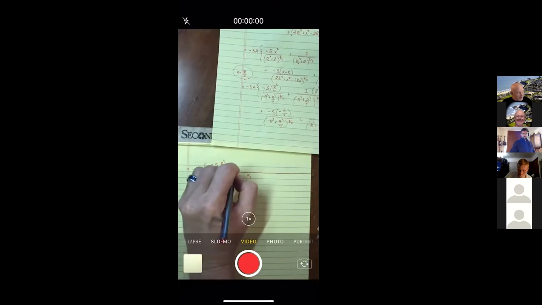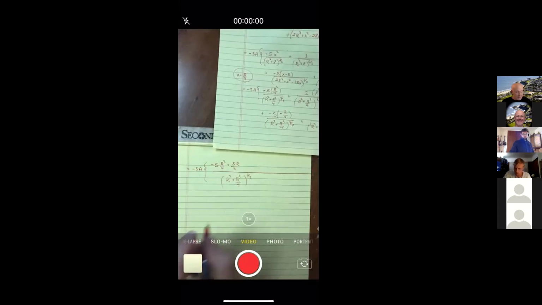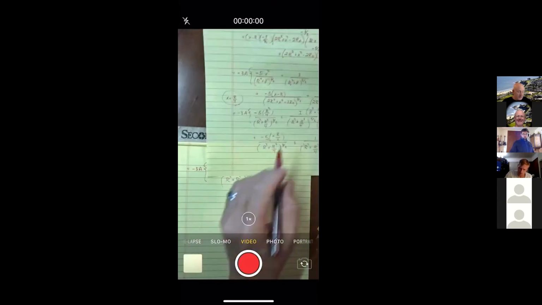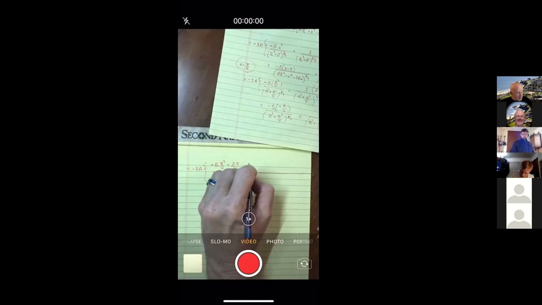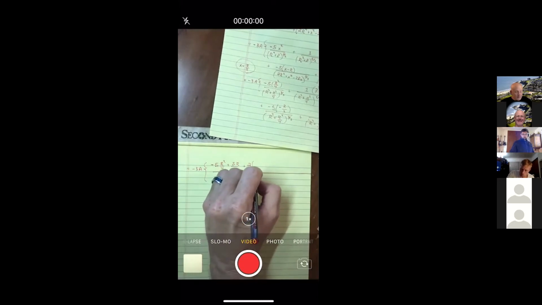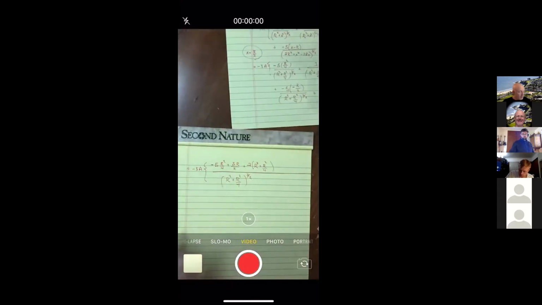And this would be a 5r over 2. And this last term, if these two are the same, I'll put a 2, and then this would be times an r squared plus an r squared over 4.